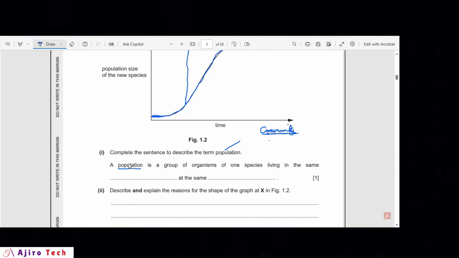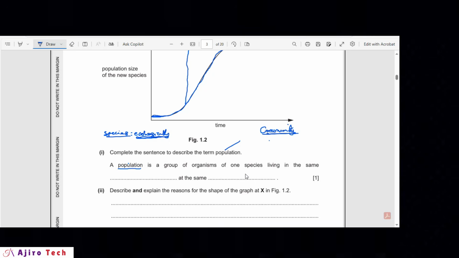Population is a way of defining a species ecologically. In terms of the ecosystem, you want to define a species as a group of organisms that live in the same area and interbreed successfully.